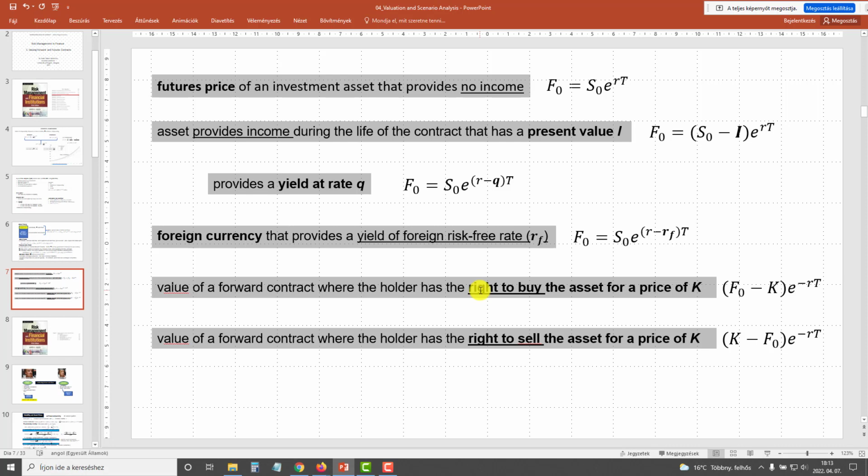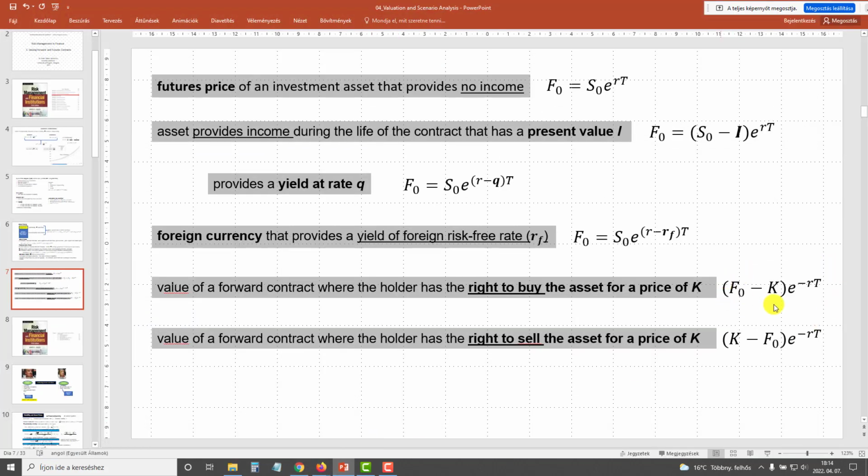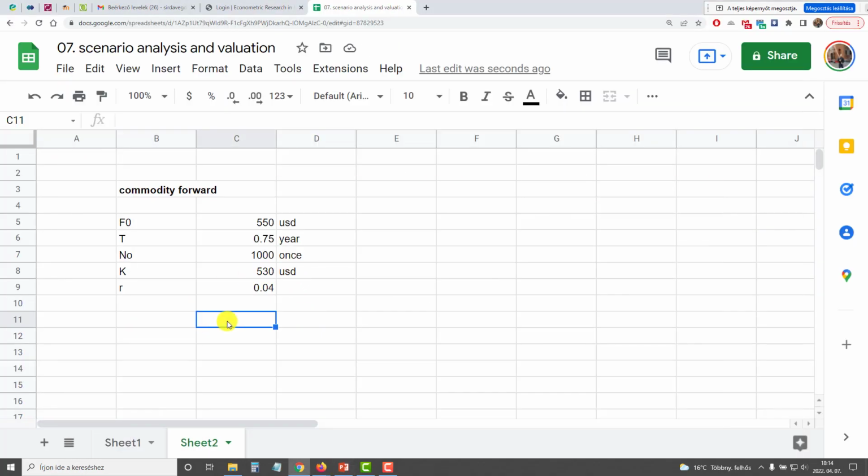We have the right to buy, practically at time 0, I just made a mistake also on the slides. So we have a right to buy something at this price, and this is the future price, so what is the value of this thing? The difference and the present value of this difference.